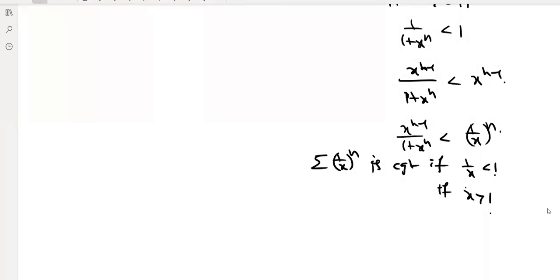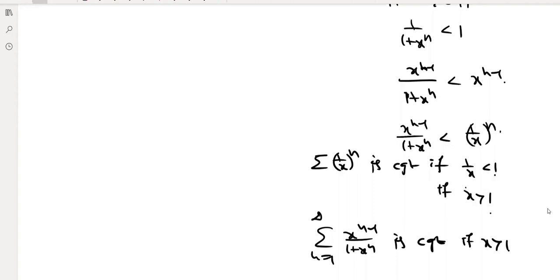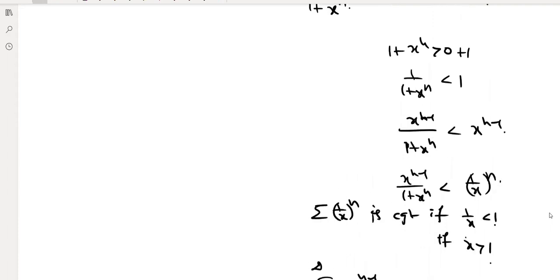So by the comparison test, your given series, the sum of x power n minus 1 by (1 plus x power n) from n equals 1 to infinity, is convergent if x is bigger than 1. What about x less than 1? You need to check it.